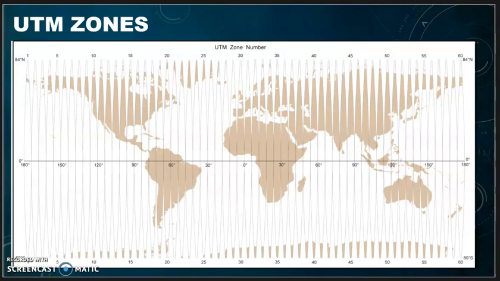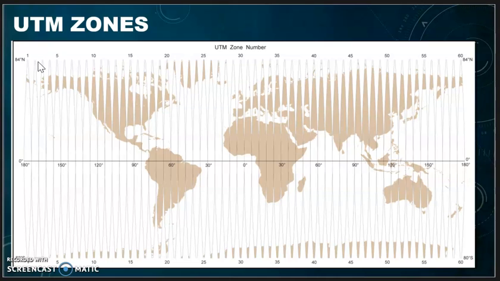So let's take a look at this grid. And so we can see the map of the world has been spread out based on UTM zones. And they range from 1 to 60. And so these are broken into segments of 5. And so each of these meridians or longitudinal grids are another zone.